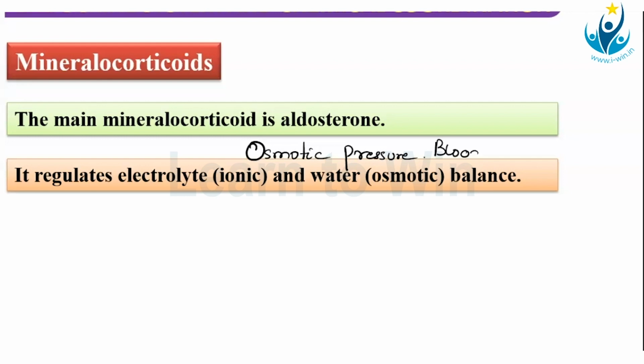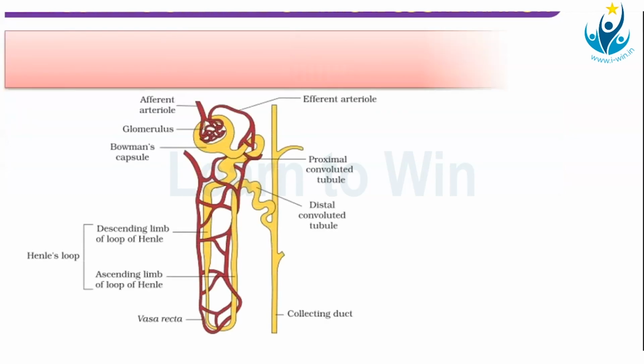When it maintains osmotic pressure in the blood, the result is simultaneously shown in the urine. This is associated with blood pressure and blood volume, because osmotic pressure controls the volume of water in the blood and urine.